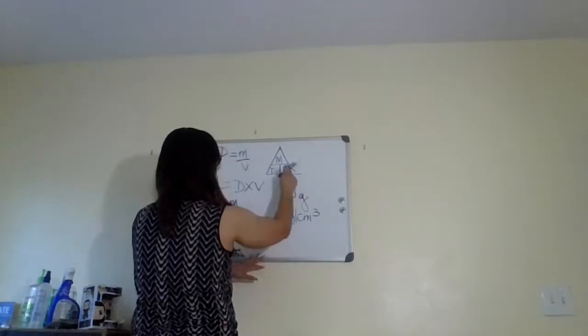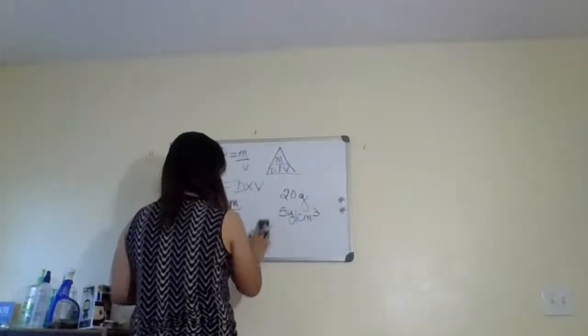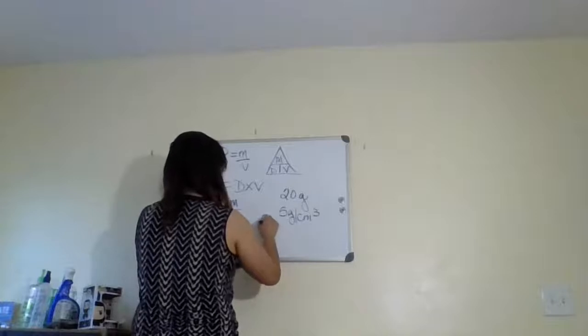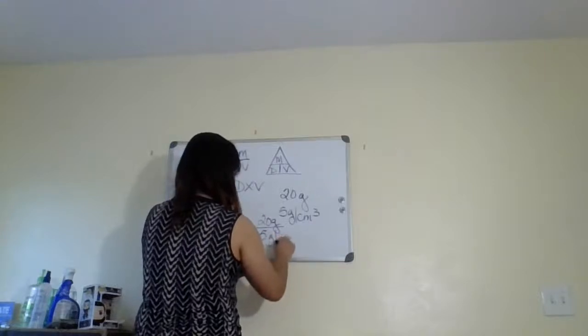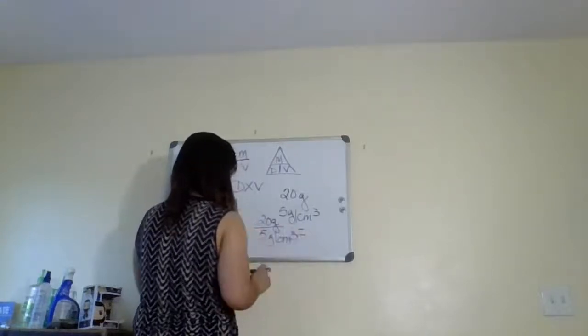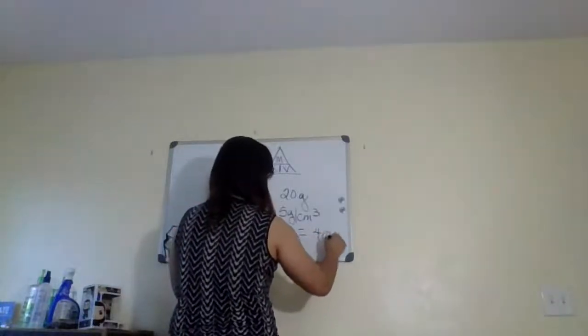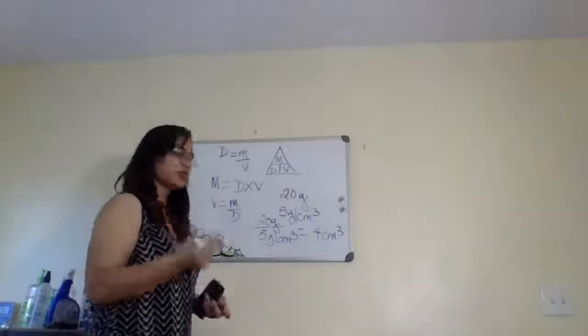We're solving for volume, so volume is mass divided by density. So it would be 20 grams divided by 5 grams per cubic centimeter. So this particular item would have a volume of 4 cubic centimeters. Okay?